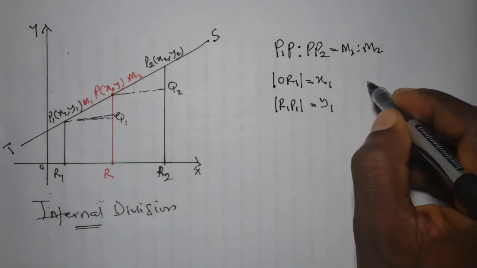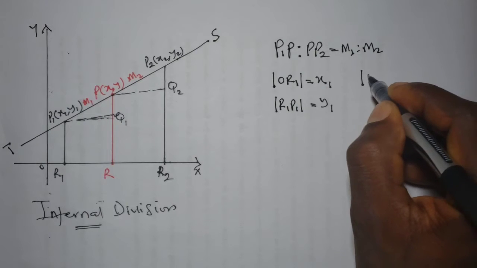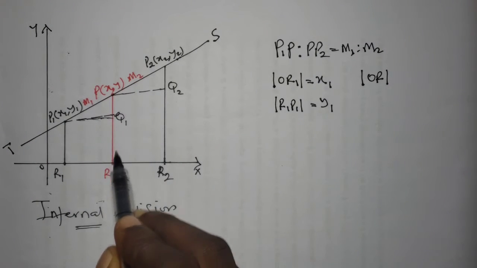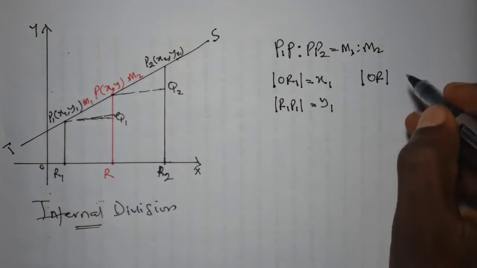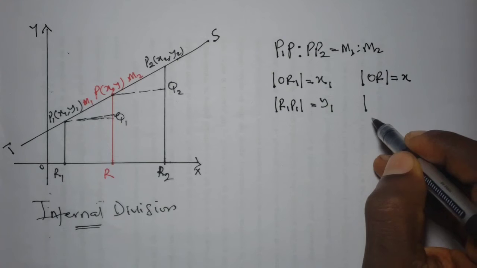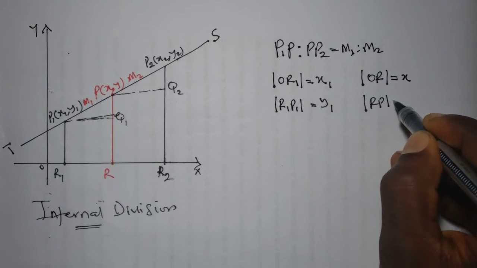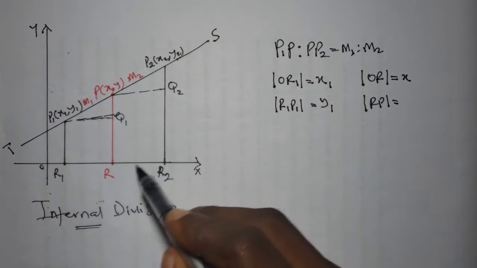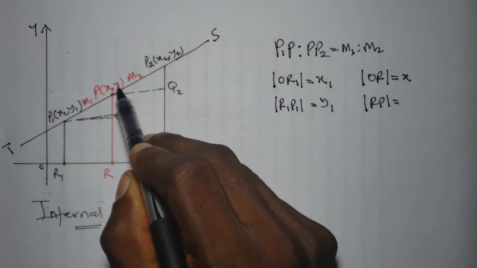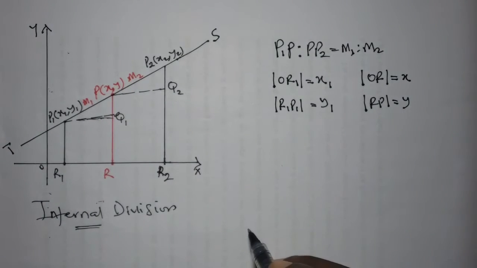Similarly, line OR has x coordinate, which is x. And line RP, the same line RP, has y coordinate, which is y.